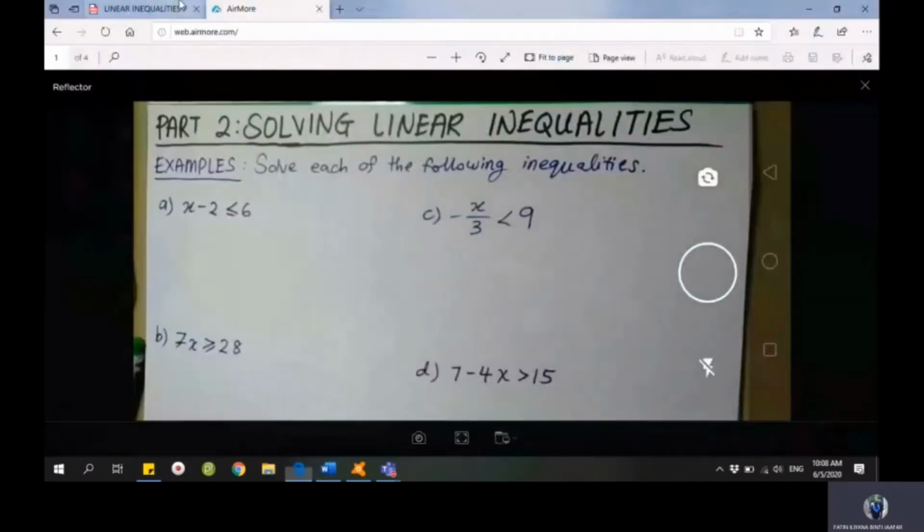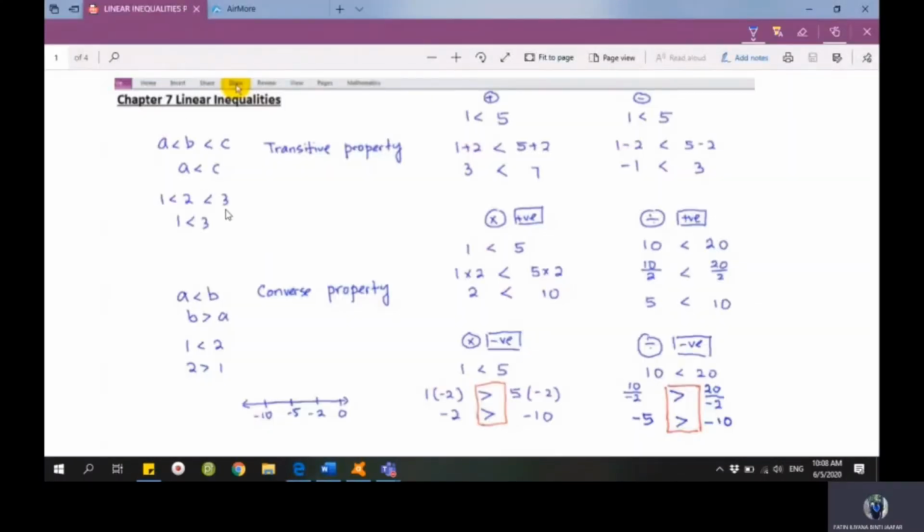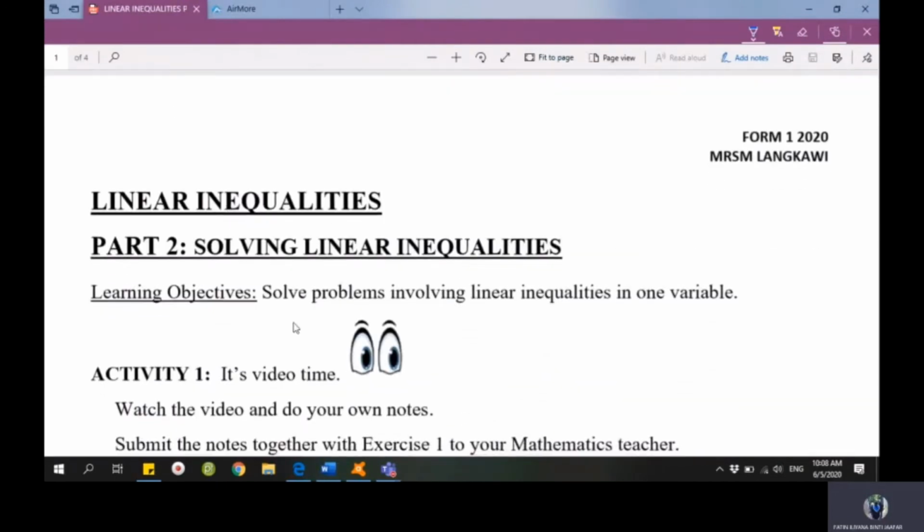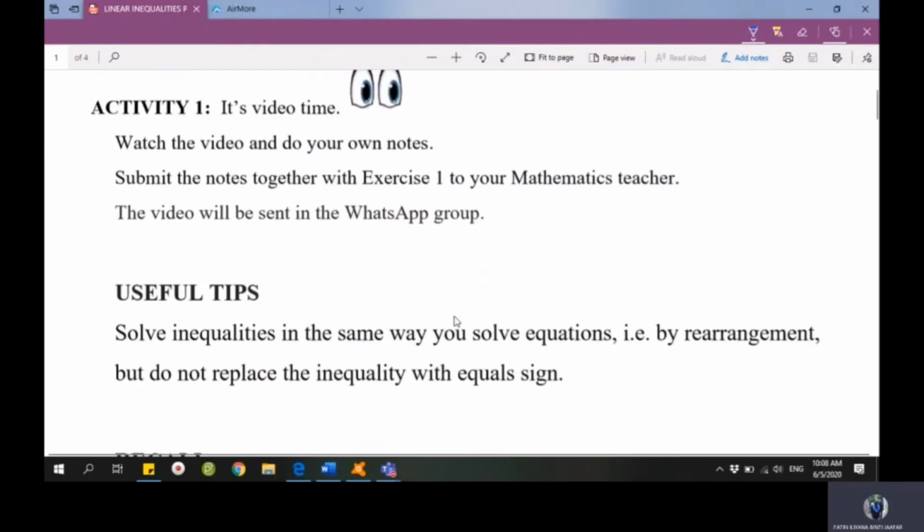So for solving linear inequalities, our learning objective for today is to solve problems involving linear inequalities in one variable. Our useful tips for solving linear inequalities: solve inequalities the same way you solve equations. Same as we do linear equations, the rearrangement is all the same.